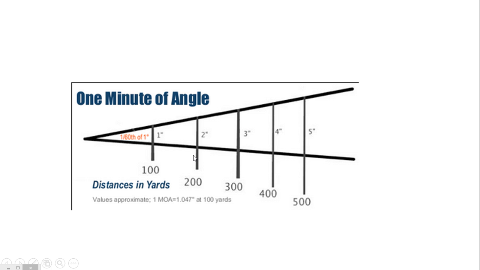You would have to go 200 yards out before they are 2 inches apart, and so on and so forth. For the rays to be 5 inches apart, by an angle of 1/60th of a degree, or 1 minute of angle, we would have to travel out 500 yards, okay?